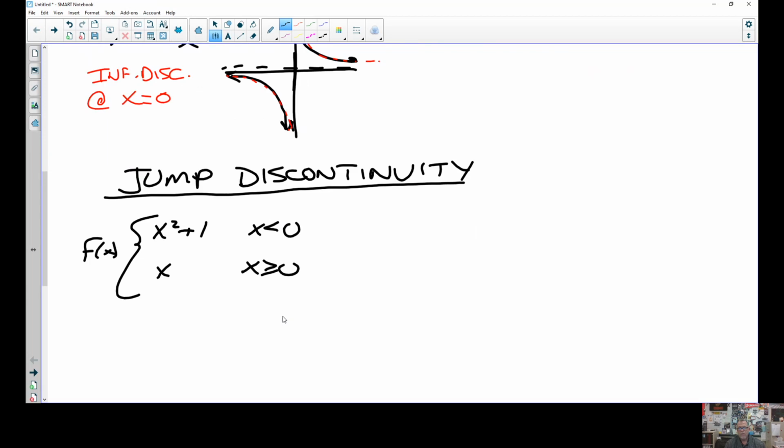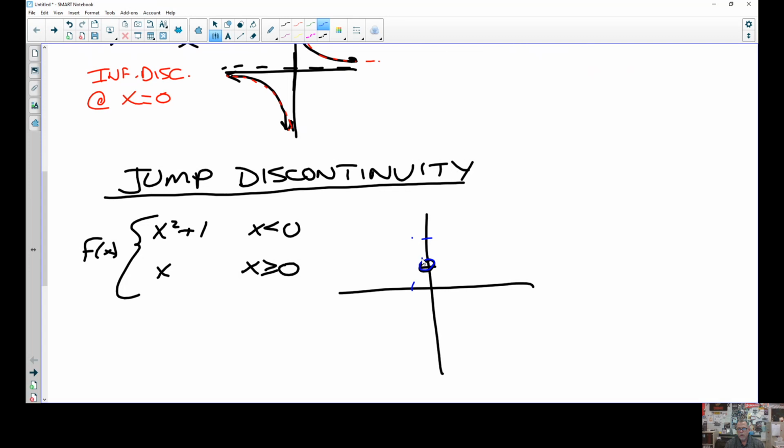Again, if I give a quick sketch of this graph, at 0, 0 squared plus 1 is 1. So at 0, I'm at 1 with an open circle. Let's do this in another color. Then in the domain of x less than 0, at x equals 1 I'd get 1 squared plus 1, that's 2.